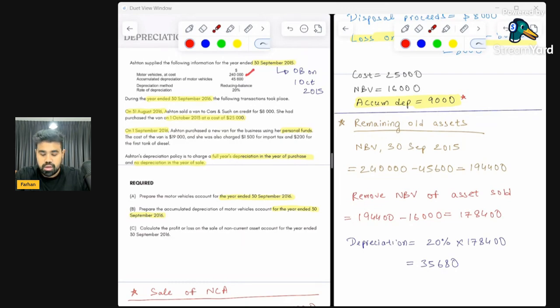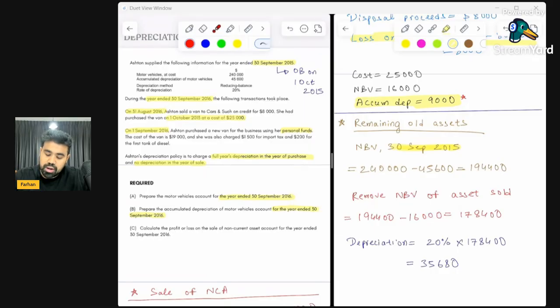So what's the catch here? So what do we do? So let's see. So first of all, if I want to determine the remaining old assets that we can work with, I first need you to calculate the net book value at 30 September 2015, which is the net book value at the end of the previous financial year.